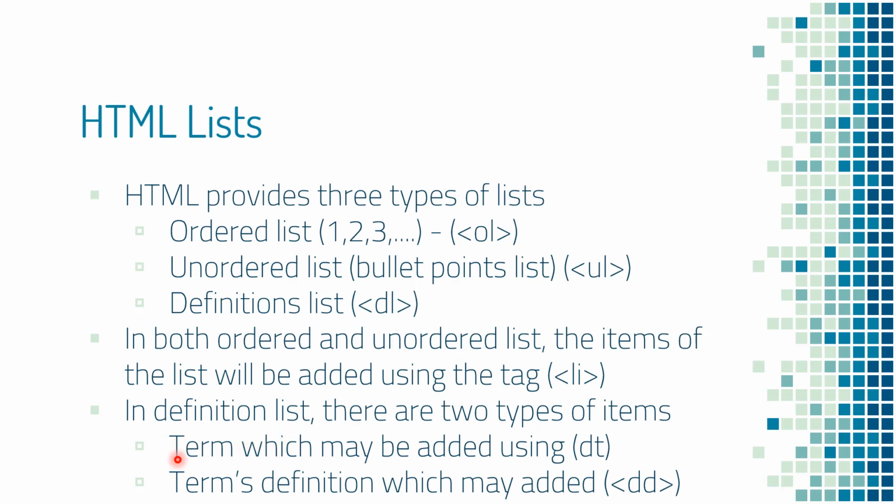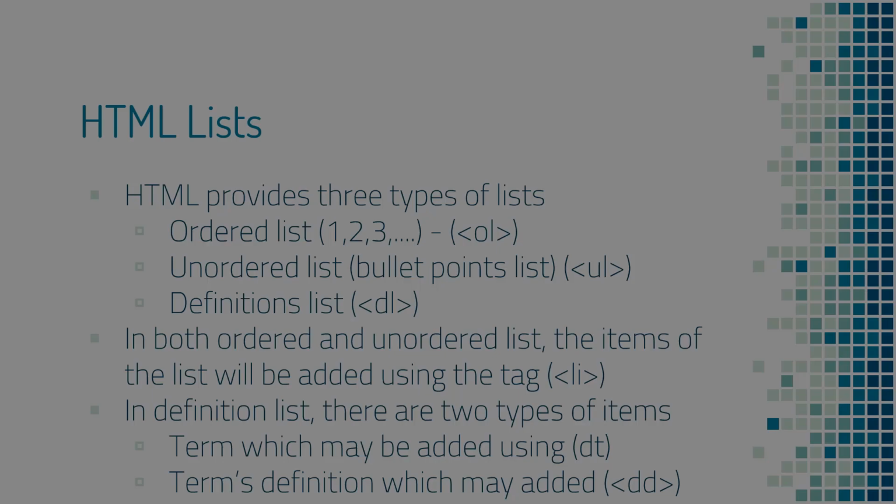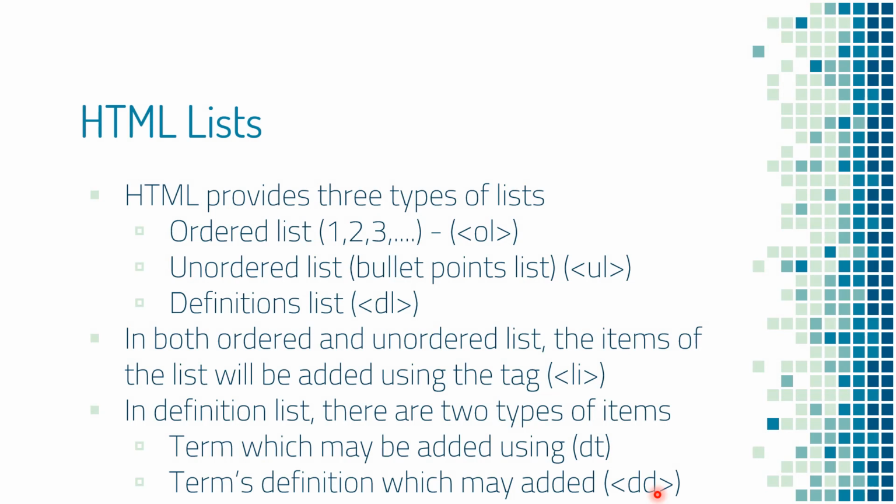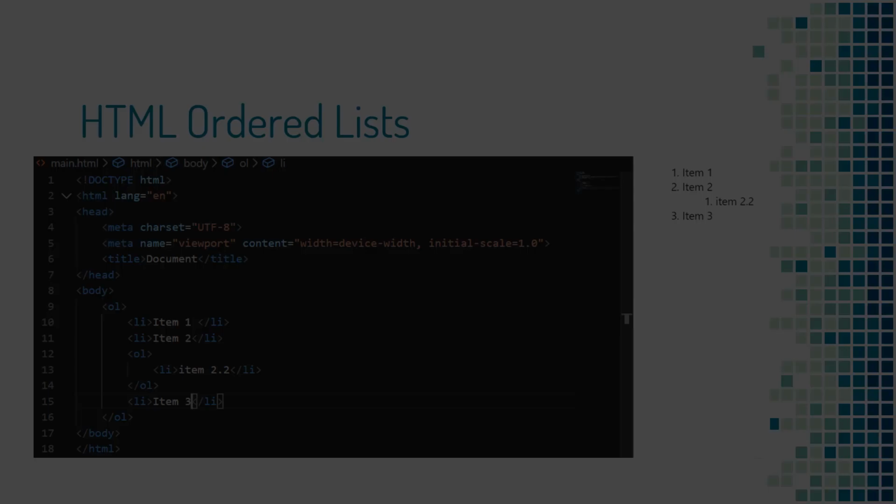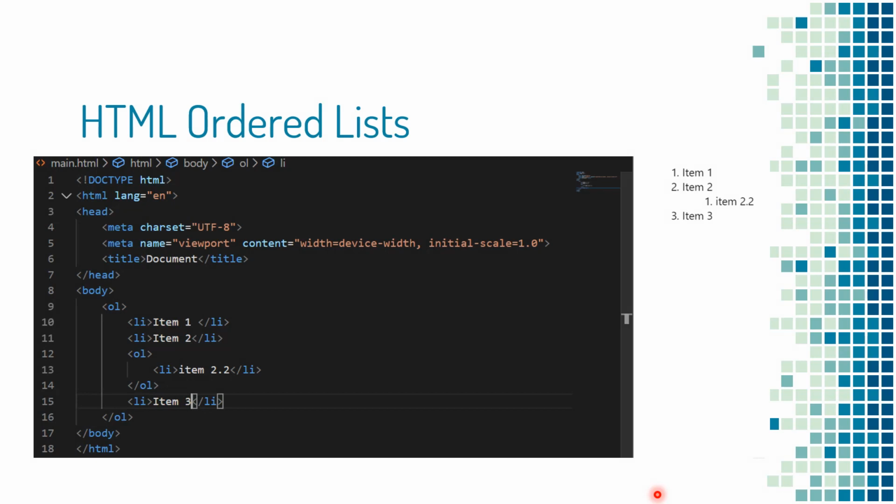The first one is the term that you want to define, which you define using dt, the definition term. And the definition that you want to show for this term is added as a dd, or definition.